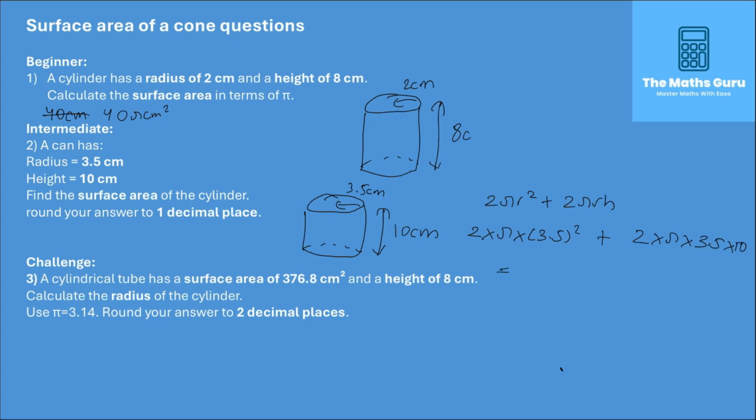This leaves us with 3.5 squared times 2, which is 49 over 2 pi, add 3.5 times 10 times 2, which is plus 70 pi. 70 plus 49 over 2 leaves us with 244.4. Oh wait, no, sorry, I've made a calculation error.